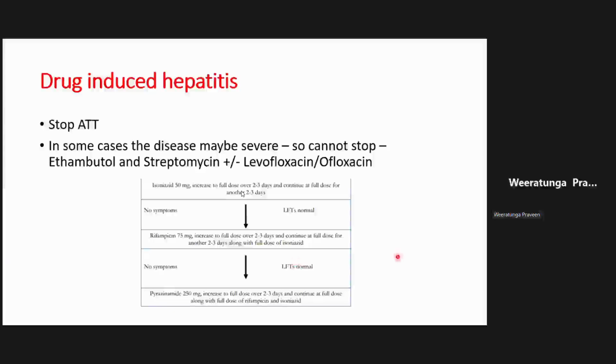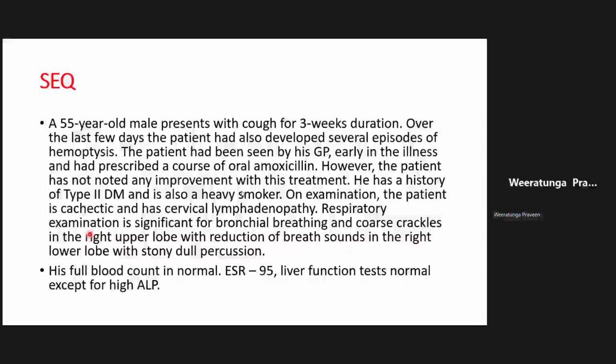The drugs used for it are the ones given here. Bridging therapy is used especially in patients with CNS TB who develop hepatotoxicity. We stop the main drugs and put them on bridging therapy until the liver functions normalize. After that the other drugs can be started again one by one. Remember that. Right.